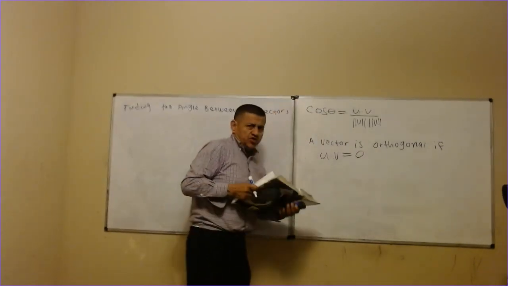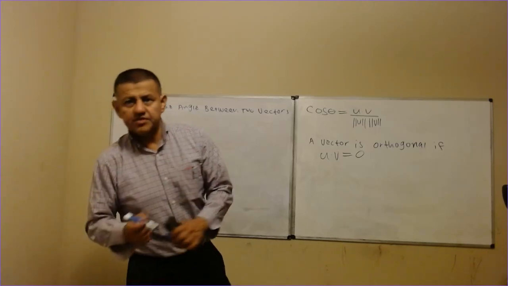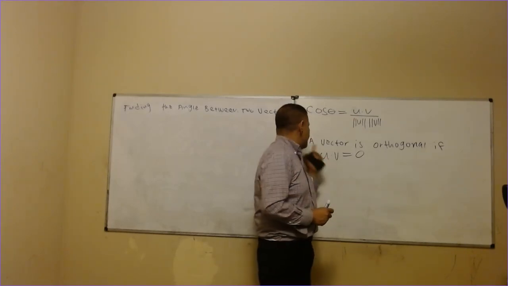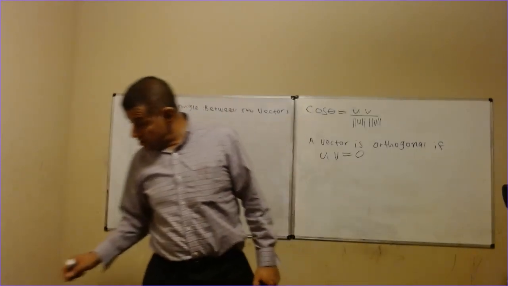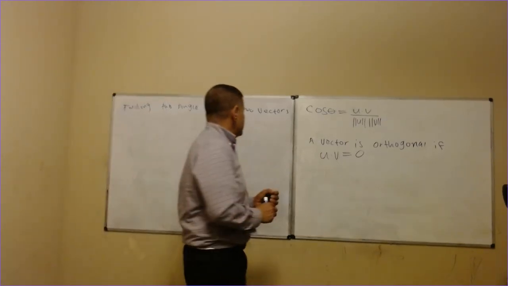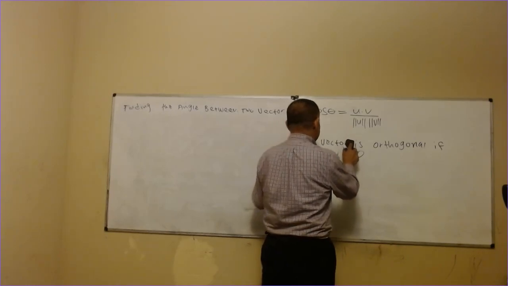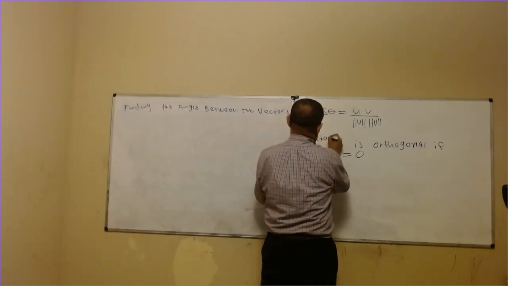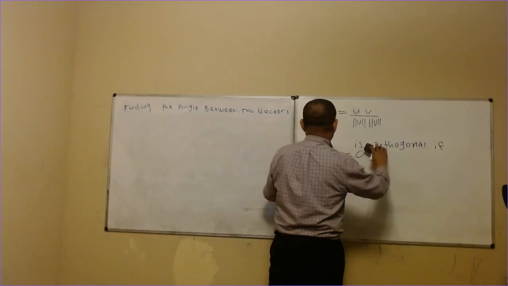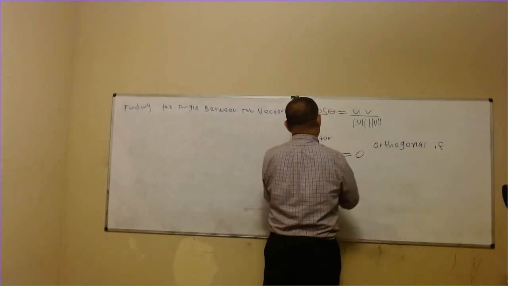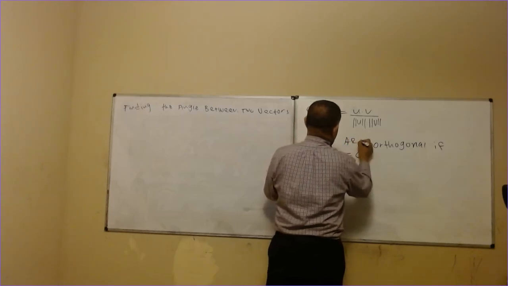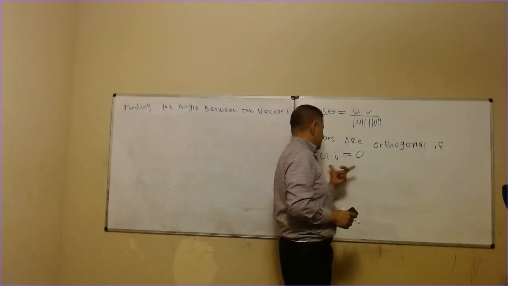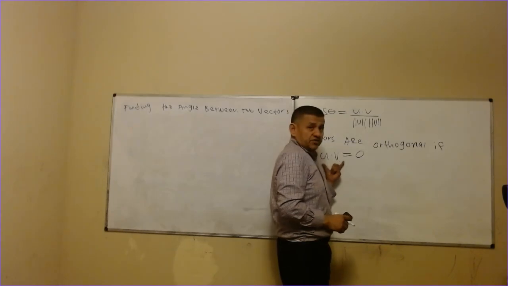I don't know if I'm going to use it, but they still have this property: vectors are orthogonal if the dot product of the two vectors u and v equals 0.